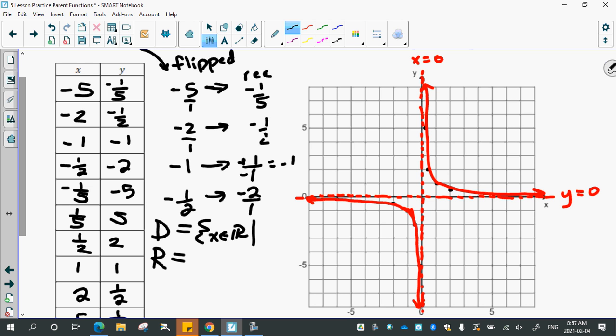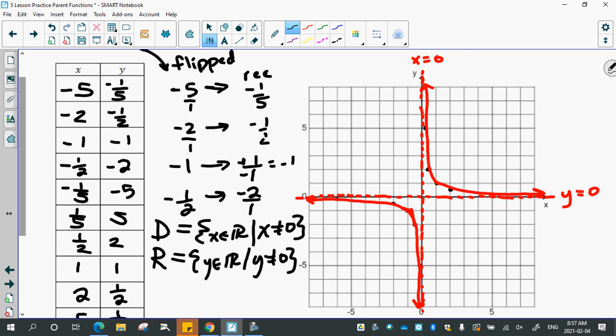Domain? Yep, every real number except 0. Very good. Okay? And the range? It's the same. Yep, every real number except 0.